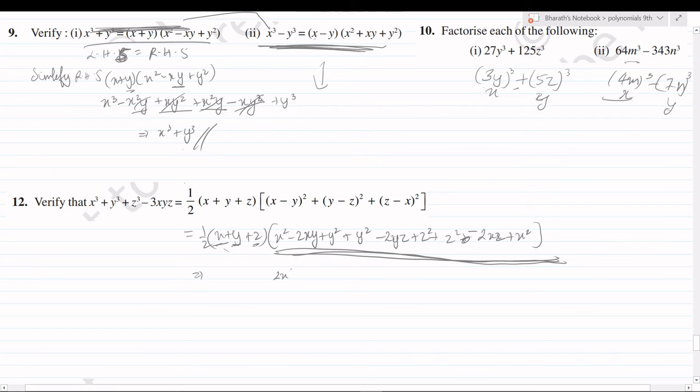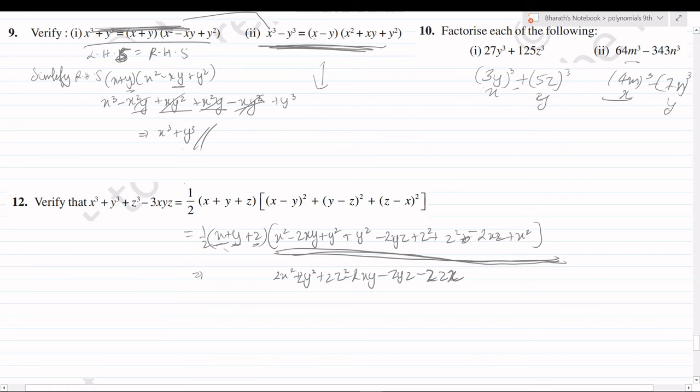You'll get 2x square plus 2y square plus 2z square minus 2xy minus 2yz minus 2zx.